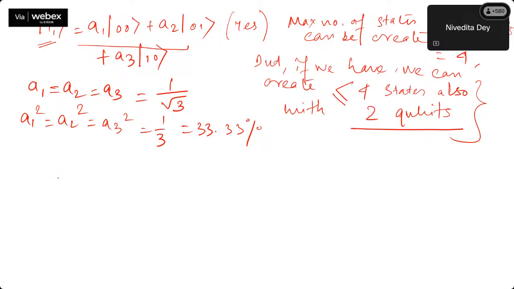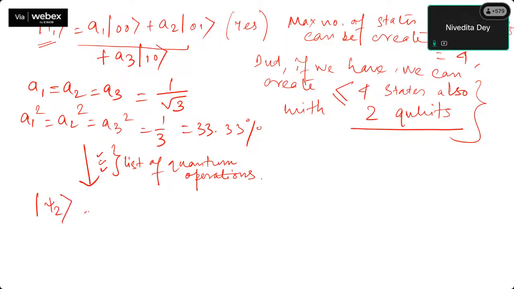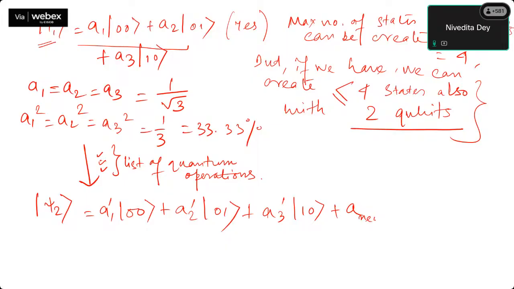Now, if I again apply something, introduce some ancilla, a single qubit, another one we are taking, then combine it with a tensor product and through several quantum operations, say a list of quantum operations, if we can get psi 2 as A1 |00> plus A2 |01>, of course they will not be exactly A1 and A2, then A3 dash |10> plus some new, say A new |11>.